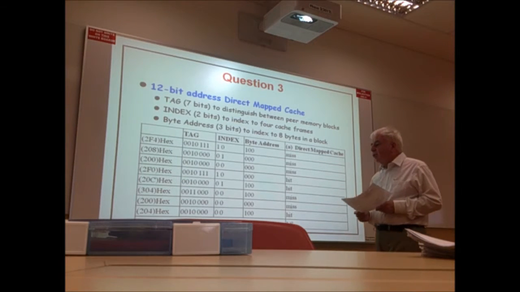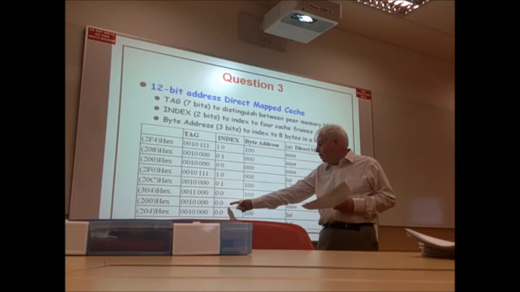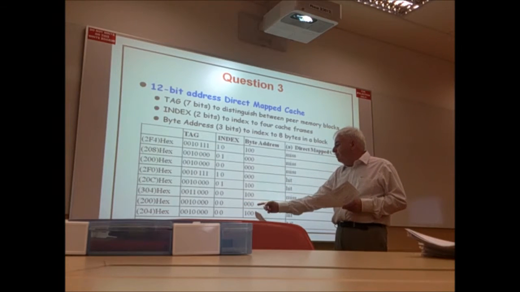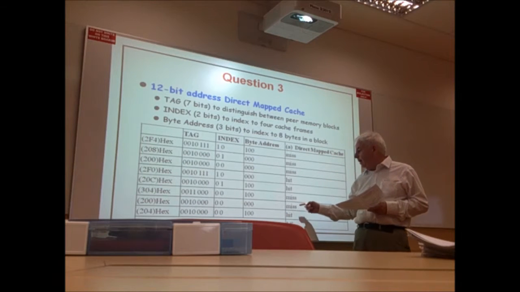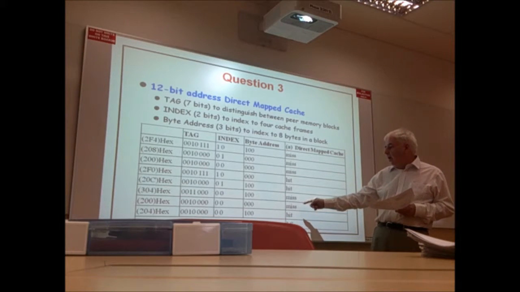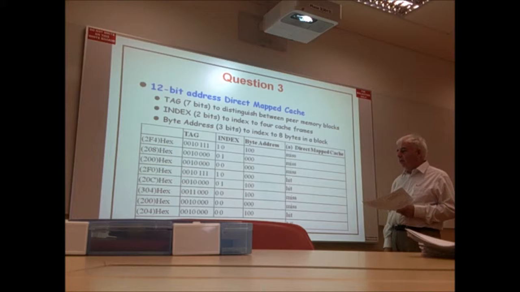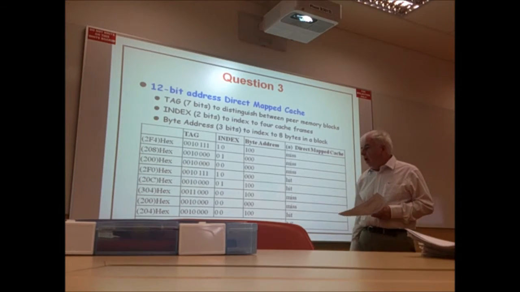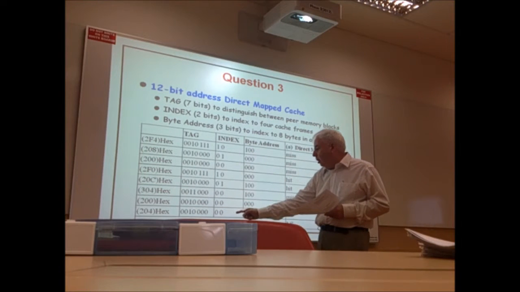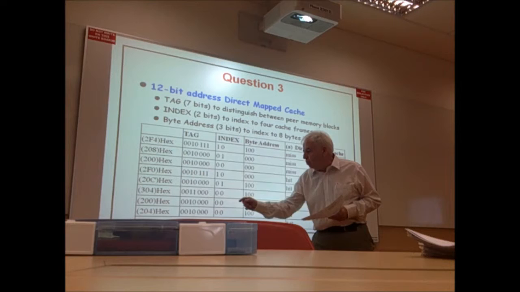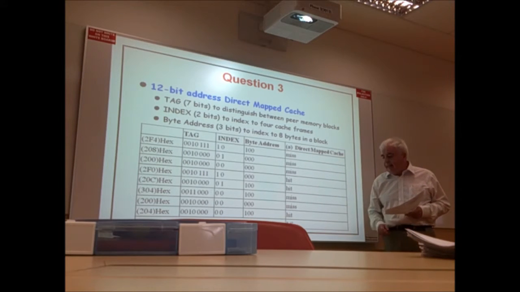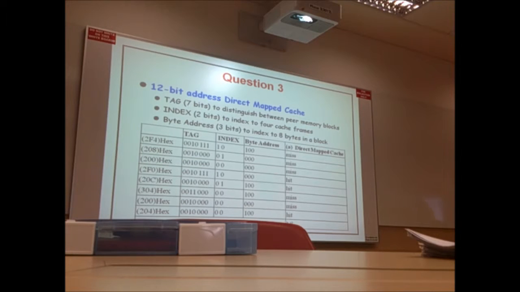Then we access 200 again, but we've just thrown this block out of the cache, so it will again be a cache miss, and we have to replace the previous block that we just put in. Then we access 204. This is in the same block as the one we've just loaded, so that will be a hit. So we have 3 hits out of 8.